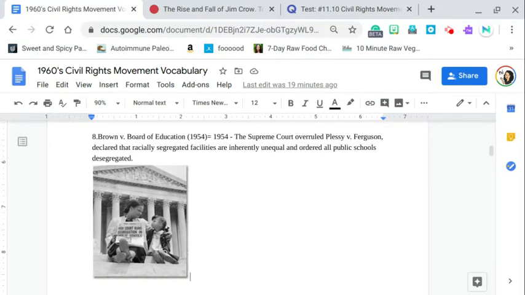The parents sued, and she basically argues against the Plessy versus Ferguson case, which declared that racial segregation facilities were inherently unequal and ordered all public schools desegregated.